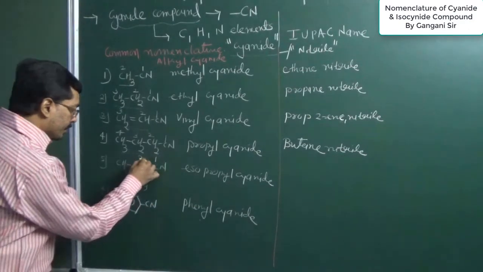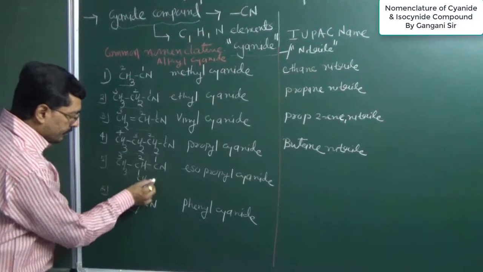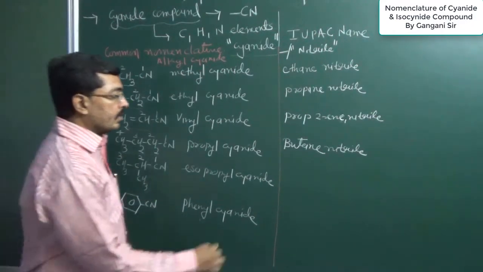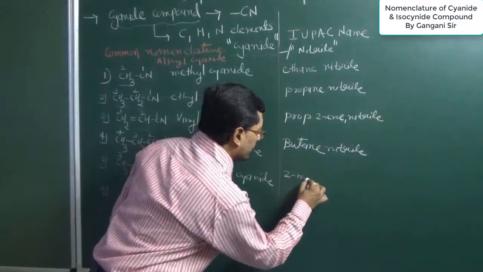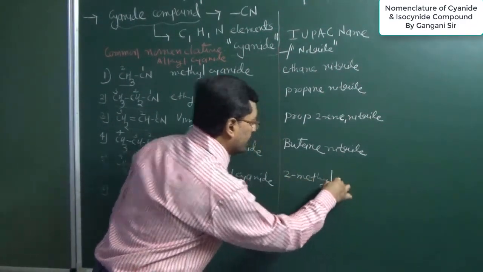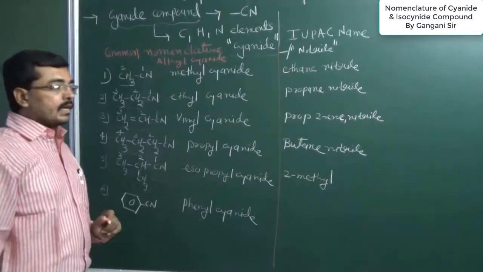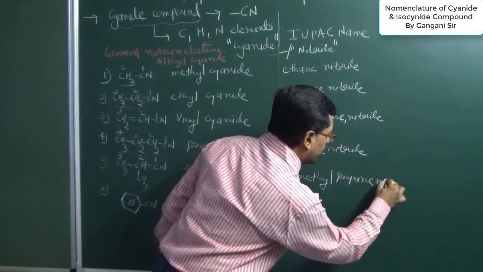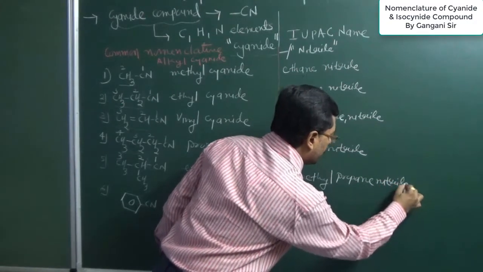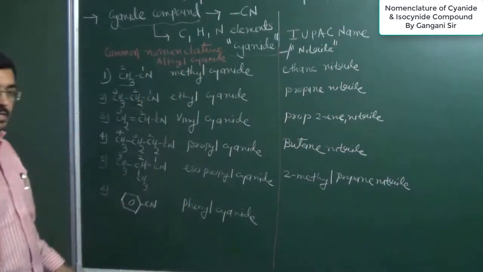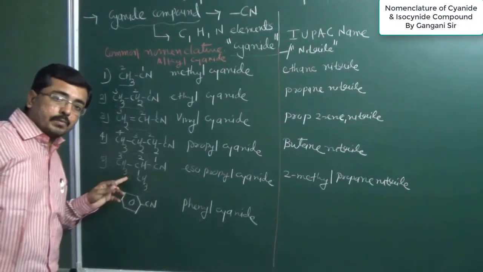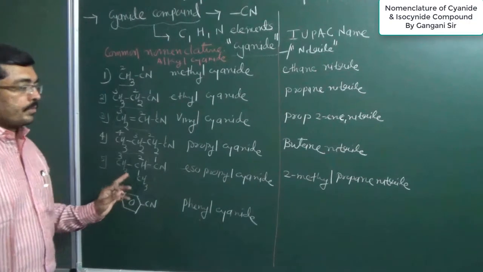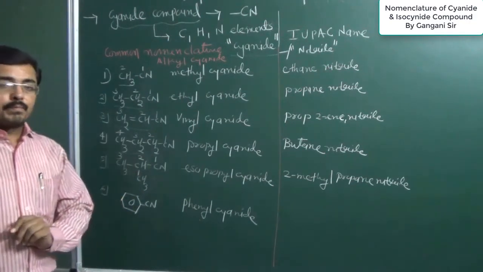Now for the IUPAC name of the next structure, a CH3 methyl group is present on the second carbon, so 2-methyl, and the long chain has 3 carbons, so propane. The name is 2-methyl propane nitrile.